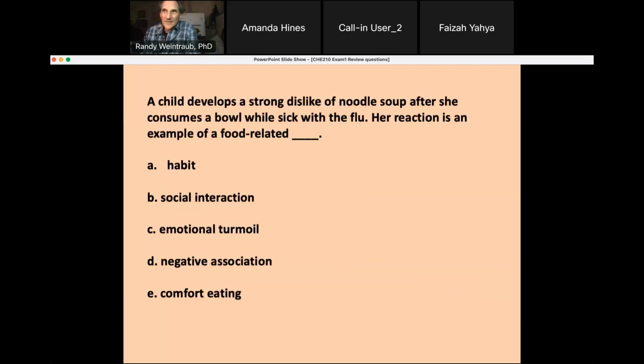A child develops a strong dislike for noodle soup after she consumes a bowl while sick with the flu. Okay, this is an eating pattern question. And so how is this reaction food related? So it's a negative association that she's developed. And maybe we all have some of these.